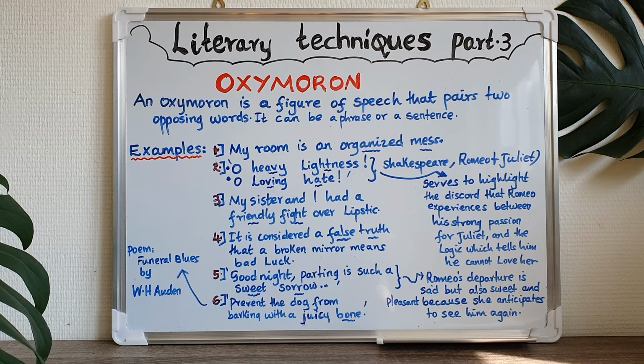Because on one hand, he has very strong feelings for Juliet and he really wants to love her. But at the same time, he realizes that he cannot love her. Okay? So this contradiction in his feelings projects his inner turmoil or inner conflict.